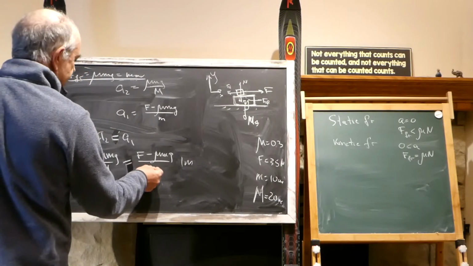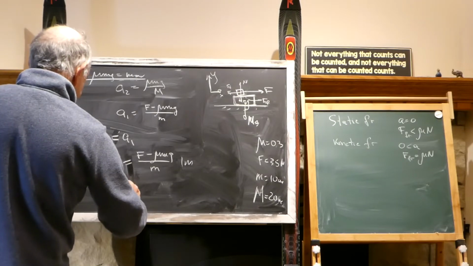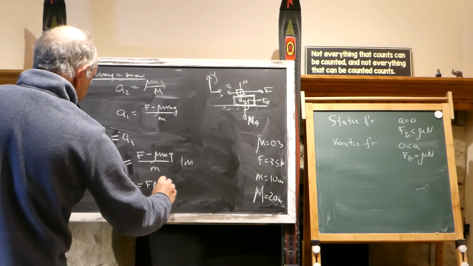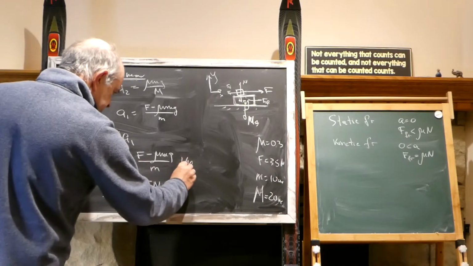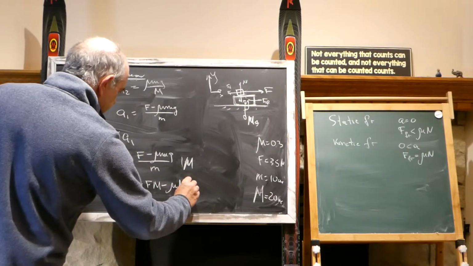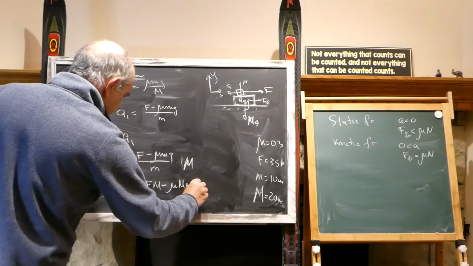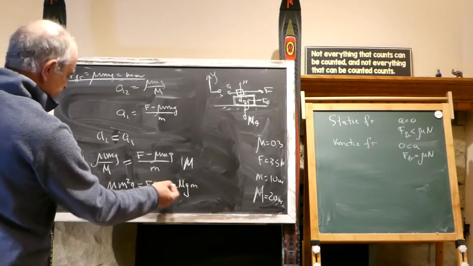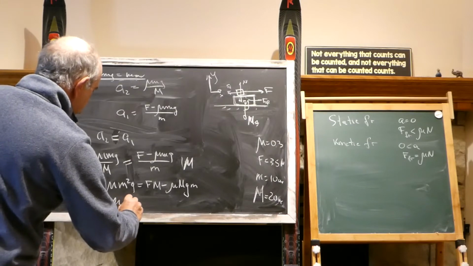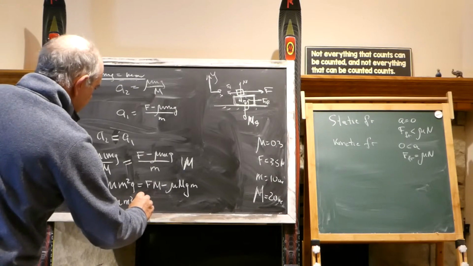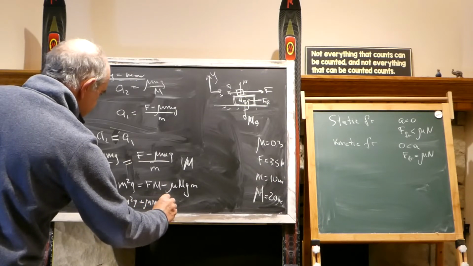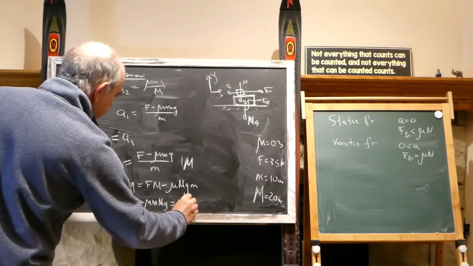Or we can also simply say this goes here and this becomes mu m squared g equal f m, this is m capital, minus mu mgm, and this is fm, stays there, but I bring it, so I will do it slowly. Mu m squared g plus mu m lowercase m uppercase g equal fm.